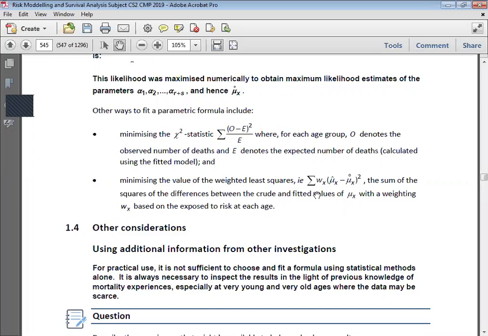But once we maximize likelihood, minimize chi-square, or minimize the value of the weighted least squares, you will know which one of these models fits your data the best, right? But this is not where your work will end, because this is very manual and very technical in nature.